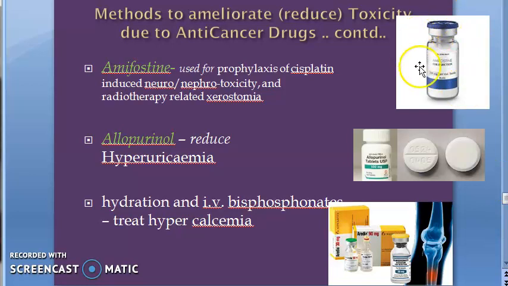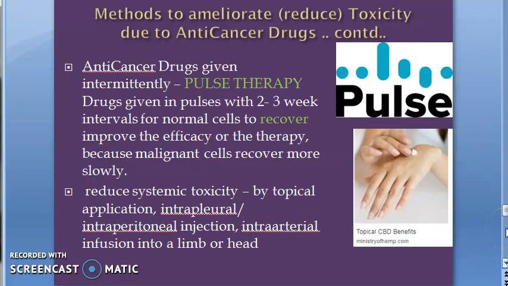Then you have amifostine to treat cisplatin toxicity. Allopurinol to reduce hyperuricemia. Bisphosphonates to treat hypercalcemia. Cancer therapy is given as pulse therapy, with intervals in the middle, a 2 to 3 week interval for normal cells to recover.